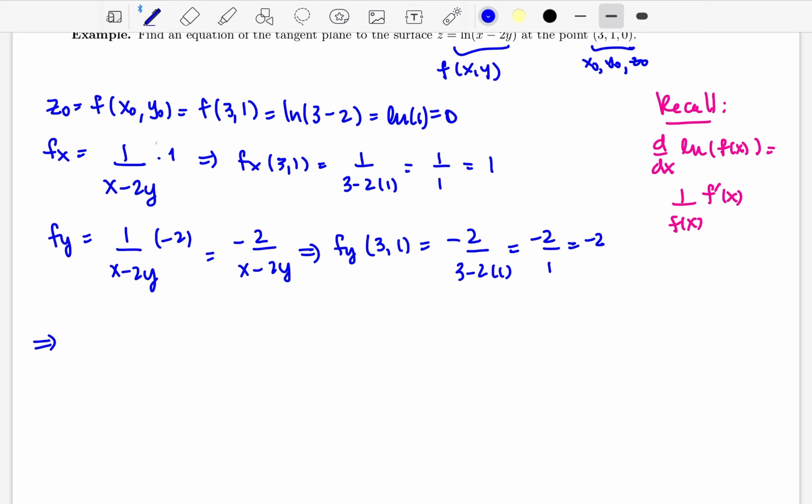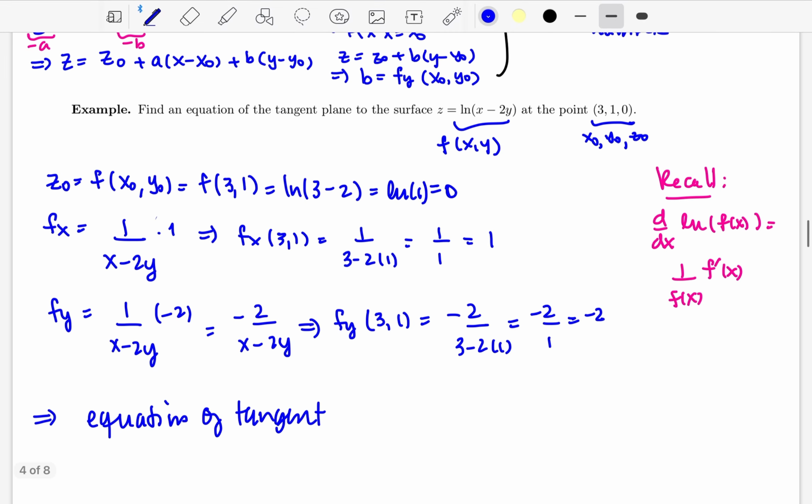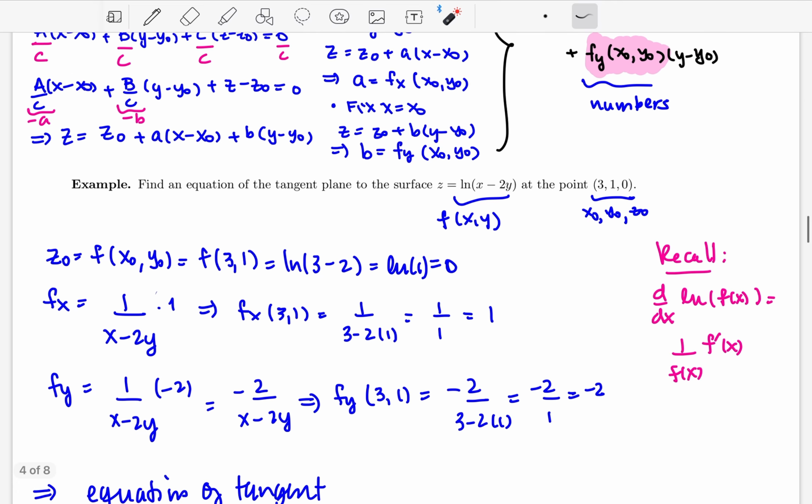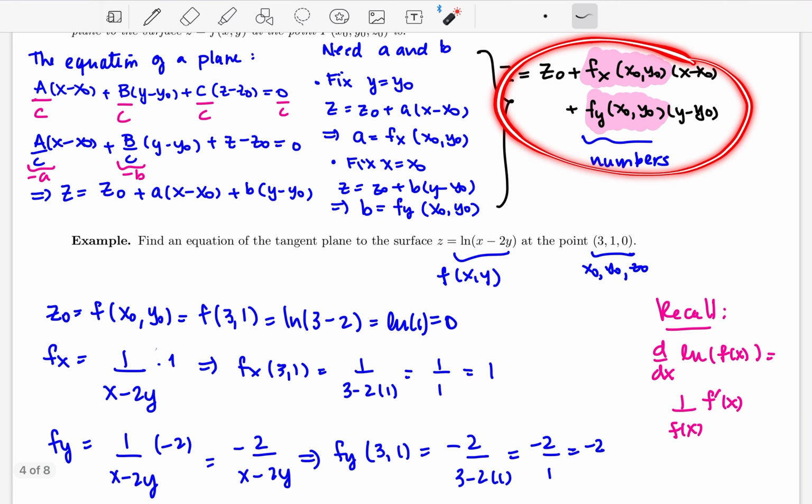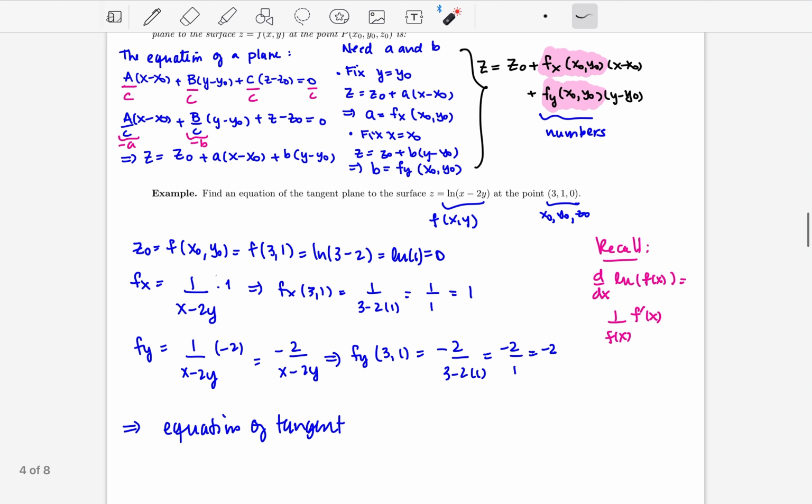So then that tells me that the equation of the plane tangent to z equals the natural log of x minus 2y at the point (3, 1, 0), to make this smaller so that you see the formula again, is going to be equal to, let me see, z. So here we have z. And then z naught is equal to 0. So 0 plus the partial with respect to x evaluated at (x naught, y naught).